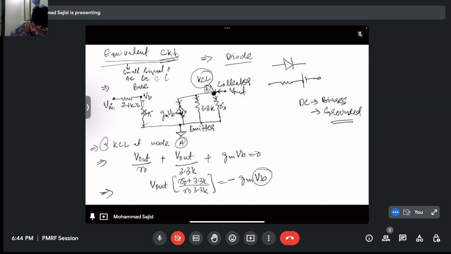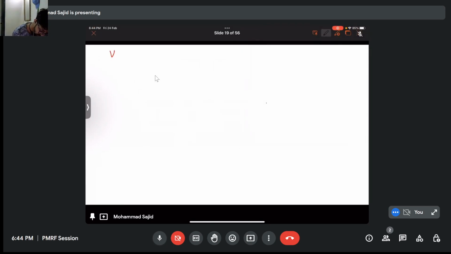So V output by VB will be equivalent to minus GM into R naught into 3.3K divided by R naught plus 3.3K.